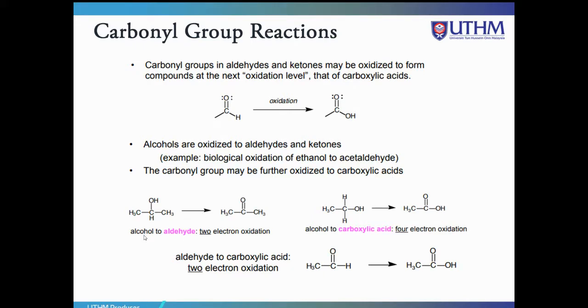Example, alcohol to aldehyde, two electron oxidation, and then the reaction further proceeds, whereby alcohol is transformed into carboxylic acid, which involves four electron oxidation. Aldehyde to carboxylic acid, two electron oxidation.